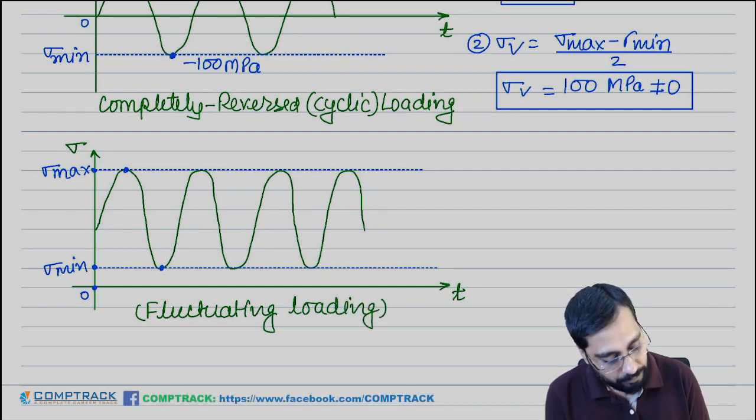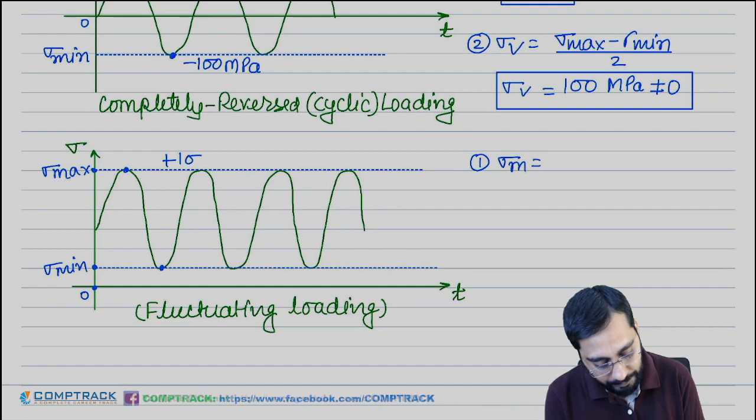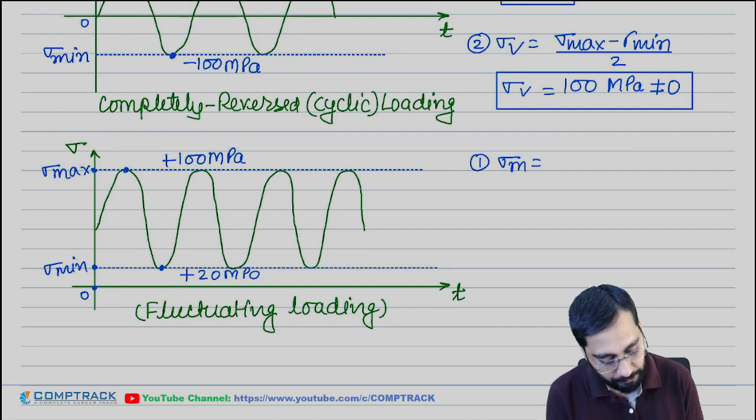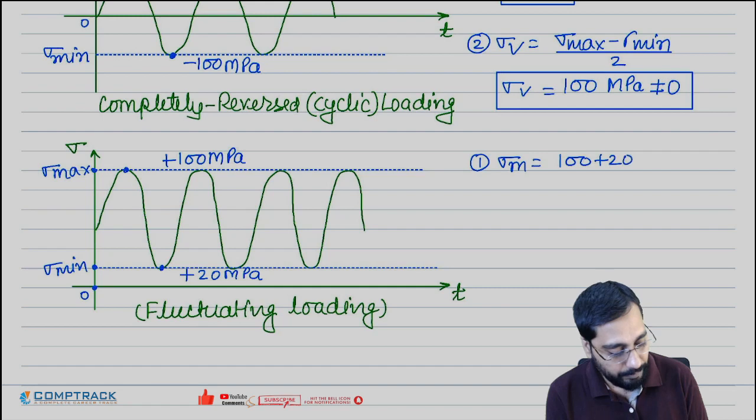In this case also you can find the value of mean. Here, let's say it is plus 100 and it is plus 20. So the mean will be 100 plus 20 divided by 2. So it will become 60 and it is non-zero.